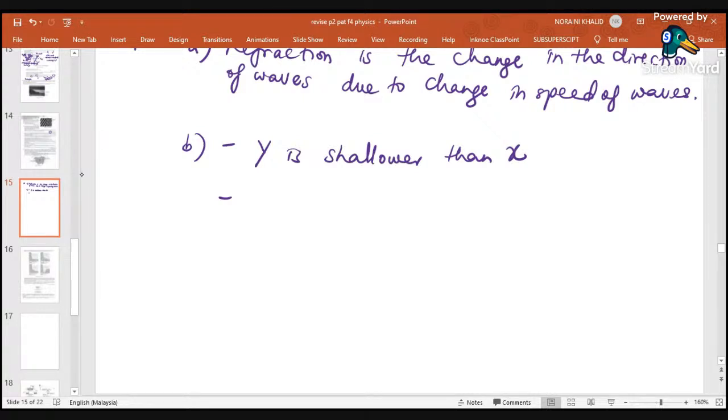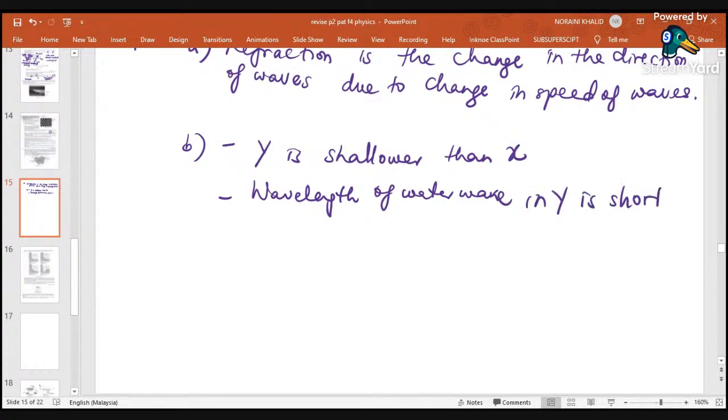Because we can see clearly the wavelength of water wave in Y is shorter, lebih pendek. Okay. The speed in Y is smaller, or decrease also can.